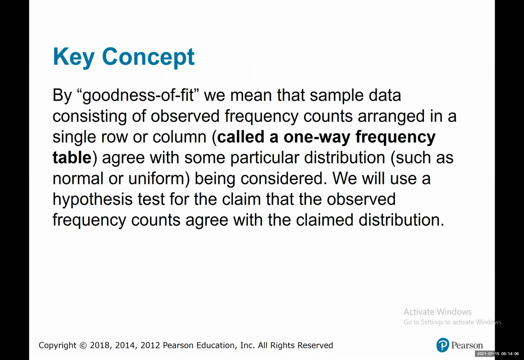By goodness of fit, we mean that the sample data consisting of observed frequency counts arranged in a single row and column, called a one-row frequency table, agree with some particular distribution, such as normal or uniform, being considered.